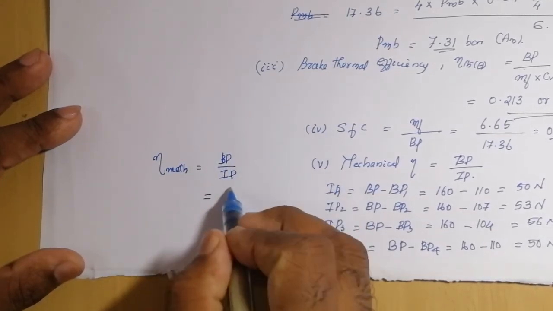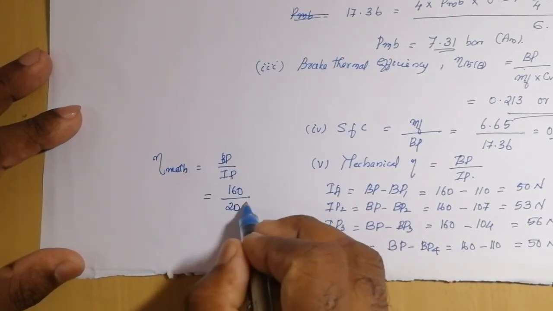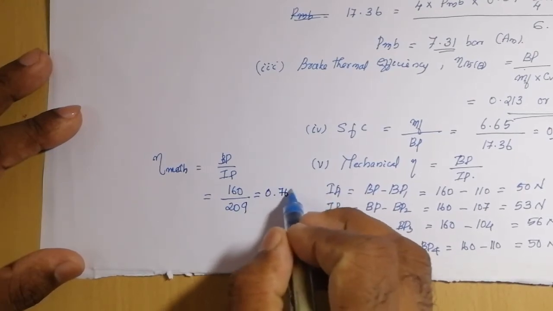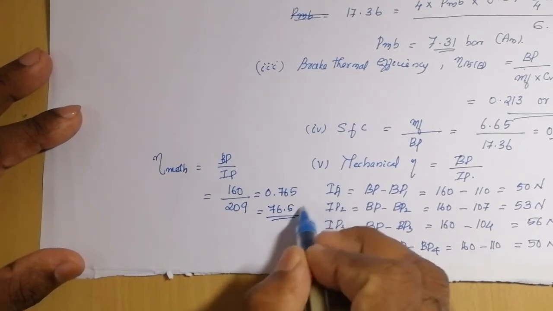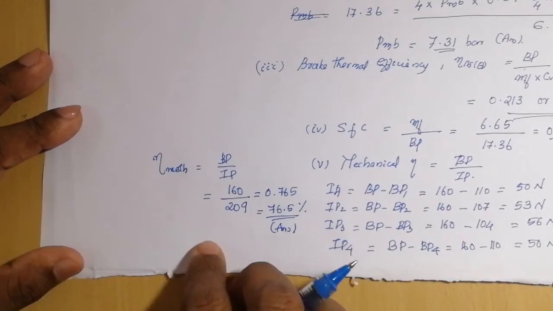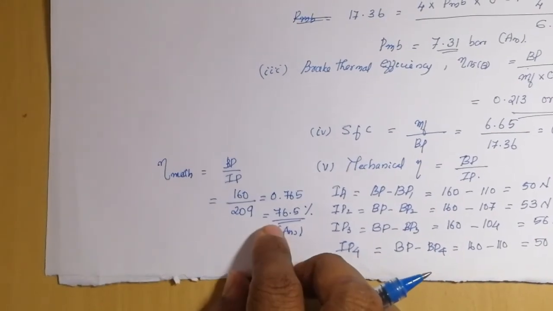So BP is 160, IP is equal to 209. So it is 0.765, that is 76.5 percent. So this is also the answer. I got the mechanical efficiency as 76.5.